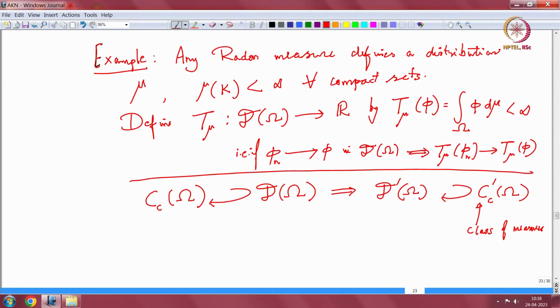So what we essentially proved is that Radon measures can be put into D prime of Omega. As a distribution, this is a special class of distributions.